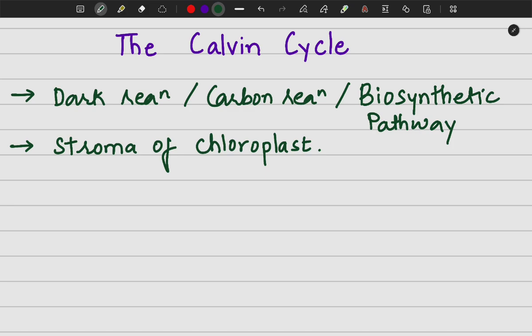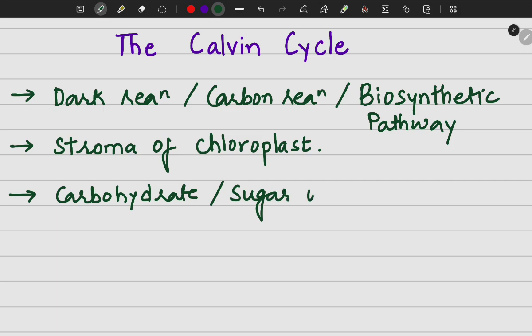Dark reaction is a reaction which is not light driven, which is not directly dependent on light, but it is dependent on the products of the light reaction. Basically, carbohydrates or sugar will be formed.